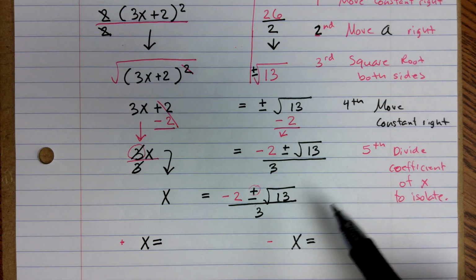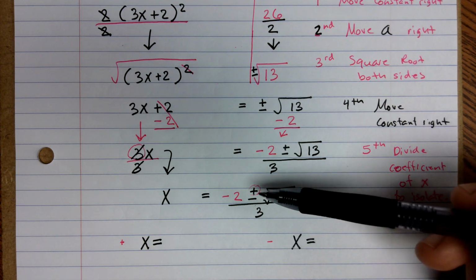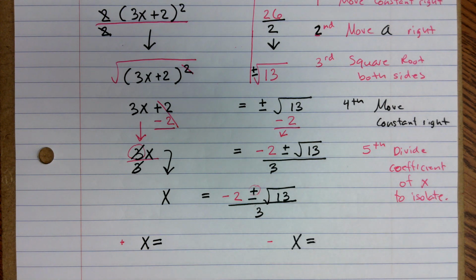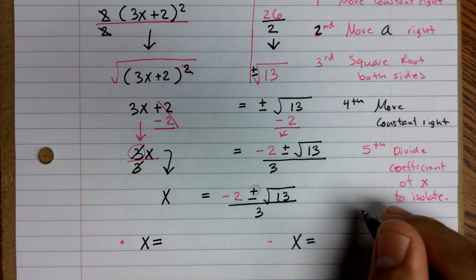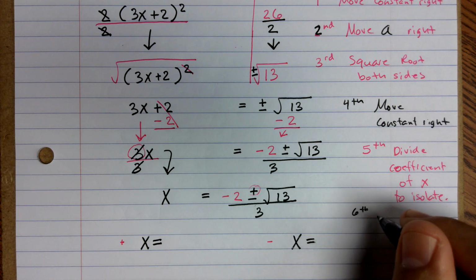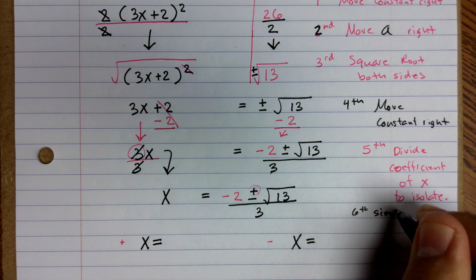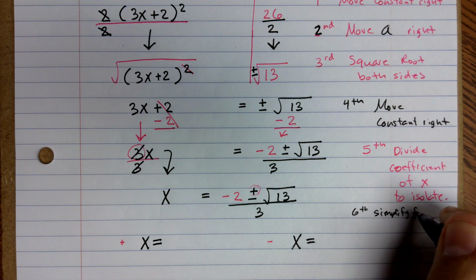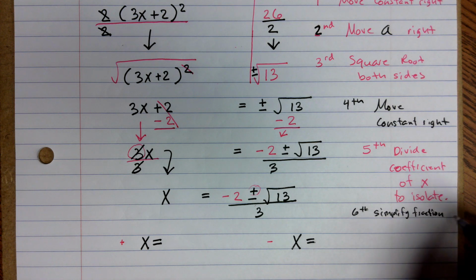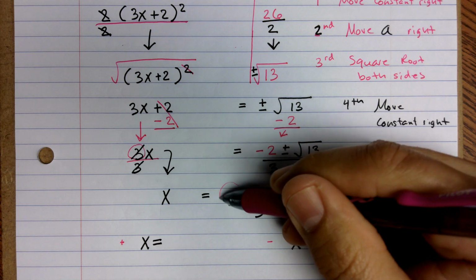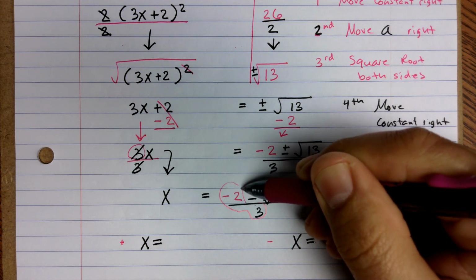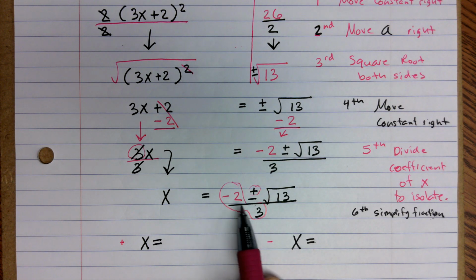I do want you to keep in mind at this point, it also is very important to check and see, can the fraction simplify? So I'm going to put right here, step six: simplify the fraction. Now when I say simplify, I'm specifically talking about this negative 2 and the 3 that's dividing into it. Sometimes you'll run into a situation where these can be simplified and they'll turn into a whole number or an integer.